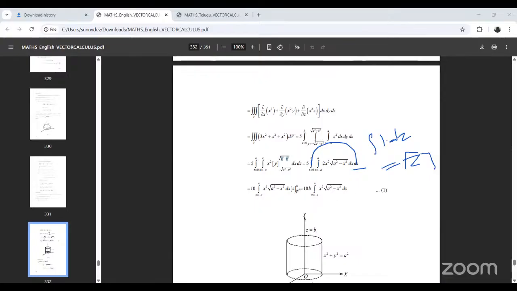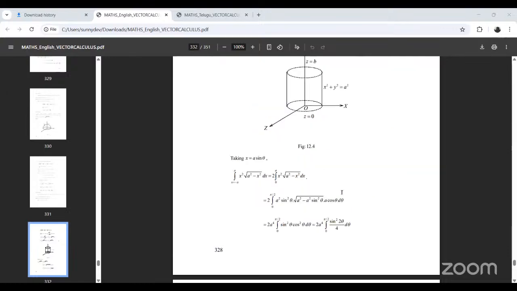Now apply the limits, the z limits are 0 to b. When applying the z limits 0 to b, we get b minus 0, which is nothing but b. So b goes outside, and we get 4b, and integration of x from minus a to a of x square into under root of a square minus x square into dx. Okay, so this is the thing.